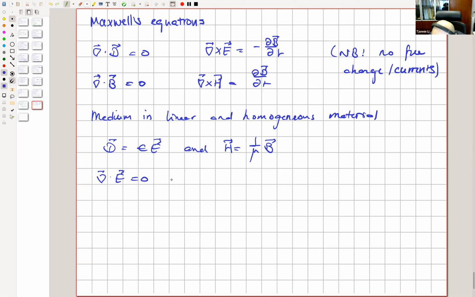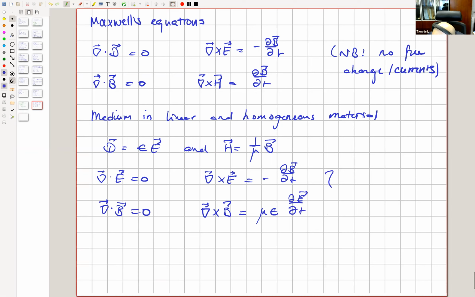The curl of E, this one, and the divergence of B equals 0. And the curl of B equals, now in this case, mu epsilon partial E.